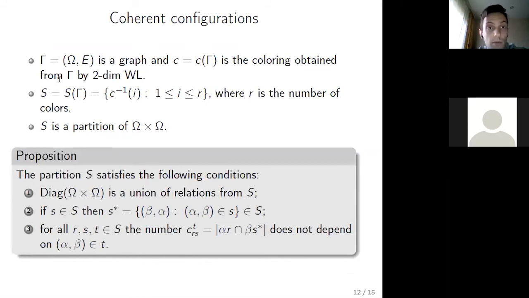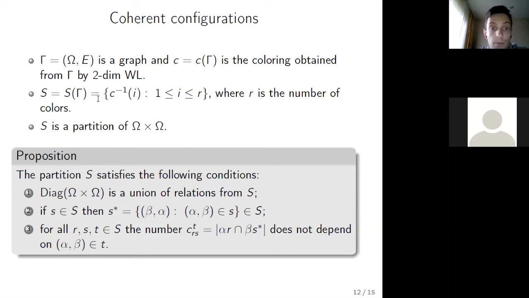Let Gamma be a graph and C the coloring obtained from Gamma by the two-dimensional Weisfeiler-Leman algorithm. Let S be the partition of Omega squared, where Omega is the vertex set of Gamma, into color classes. One can check that this partition satisfies the following conditions.